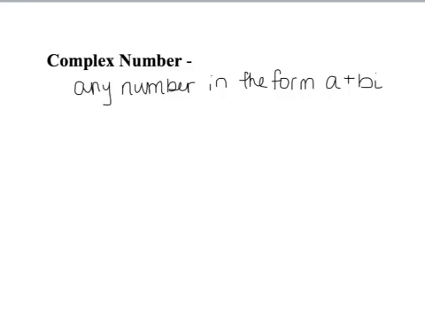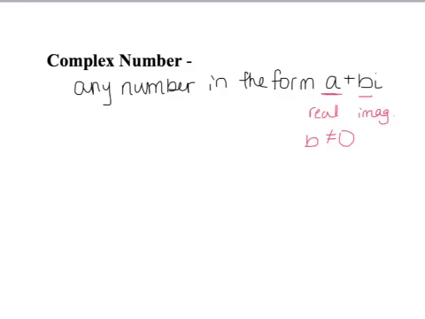So we see that i again, that imaginary part. So a complex number contains a real value, a real number, and an imaginary number. As long as, I should put on here, b is not 0. Okay, because if b was 0, then it's just a real number.